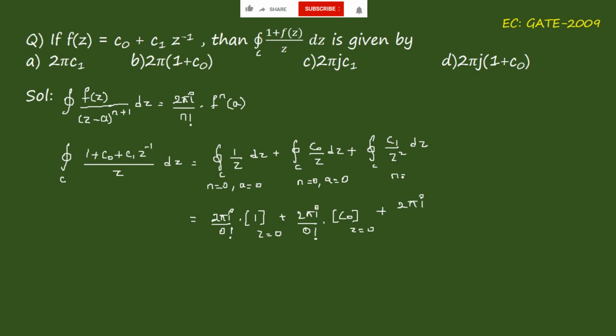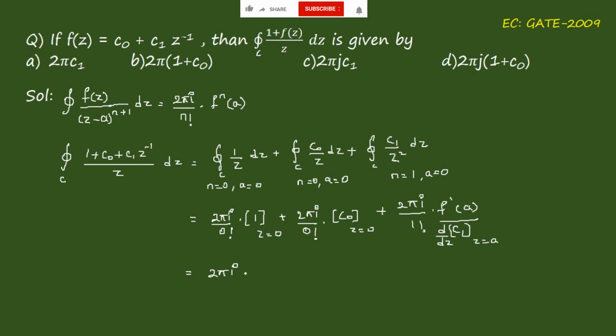Plus 2 pi i. The n value becomes 1 as we have z square, and the a value is 0. So it becomes 2 pi i by 1 factorial into f dash of a. We consider f dash of a, which here is c1 d by dz, and we substitute z equal to a. So the first term is 2 pi i, as we don't have any z terms.